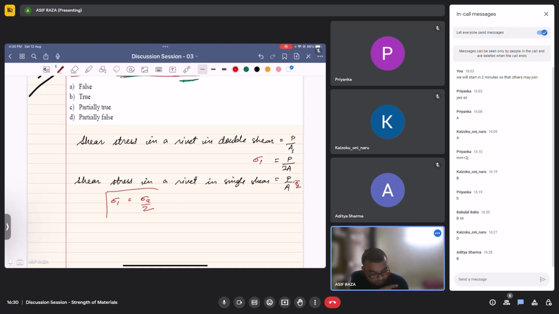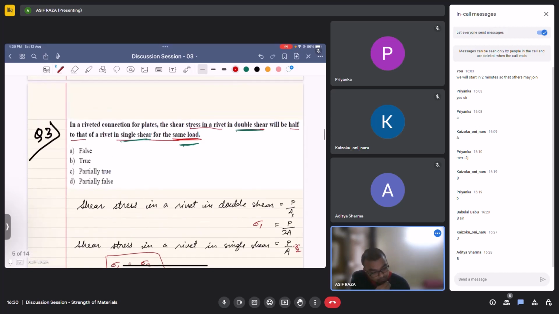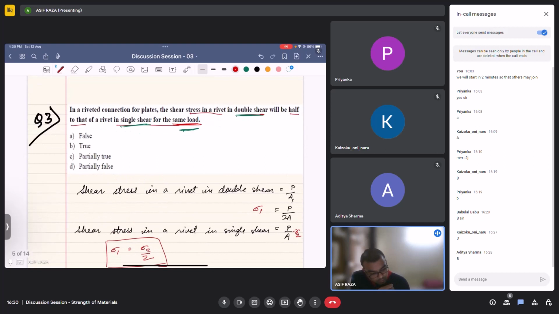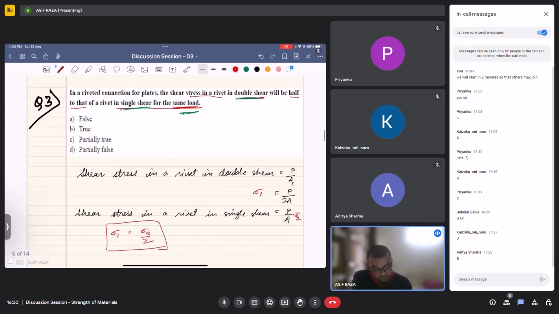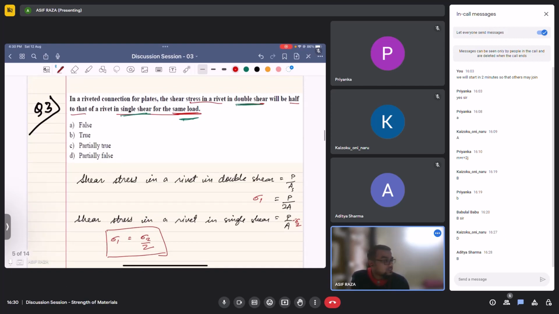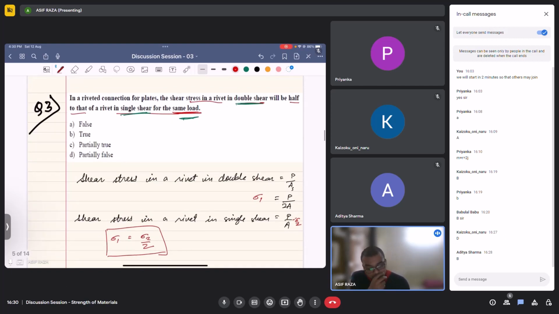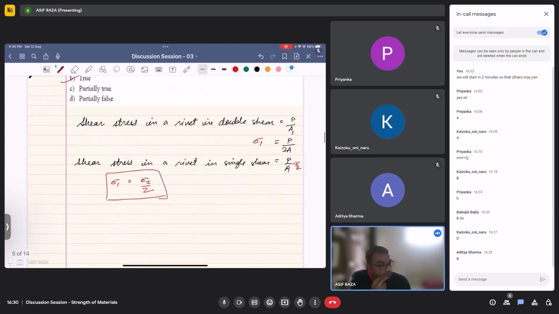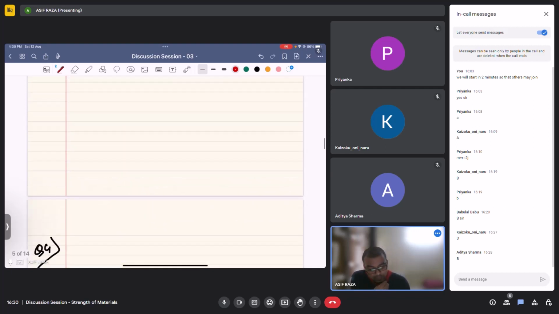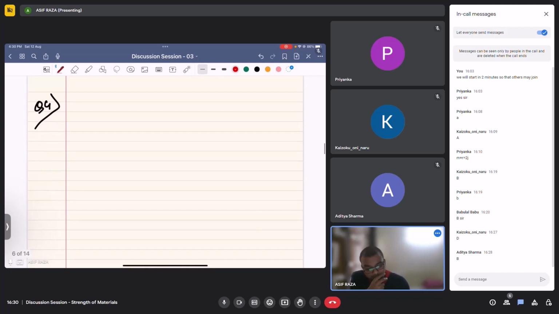So the shear stress in double shear will be half that of a rivet in single shear for the same load. That is what the statement says, so the answer would be option B. It's a true statement. I hope this clears. Let's move on to the next question.